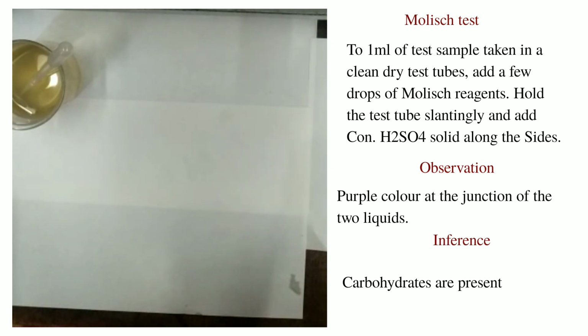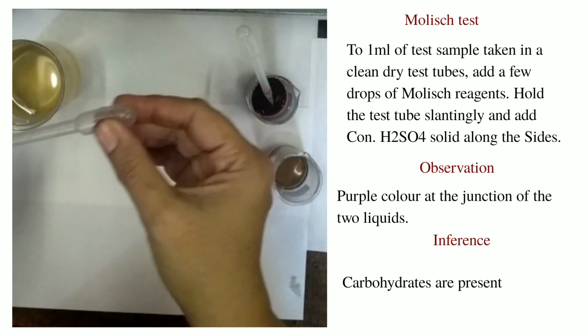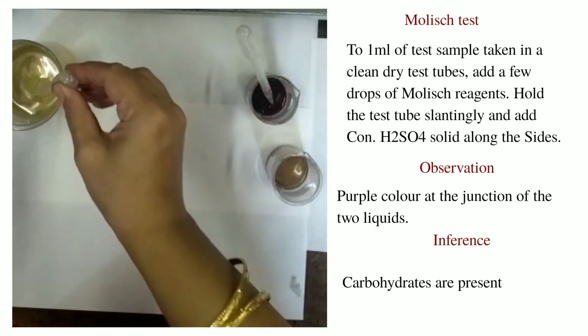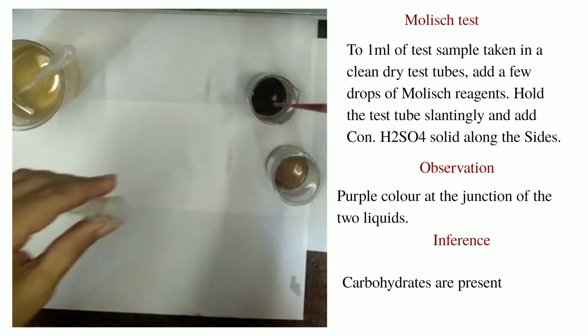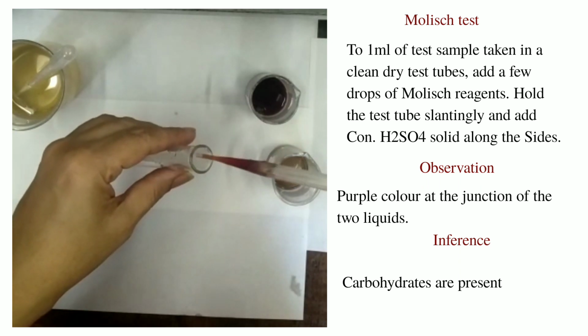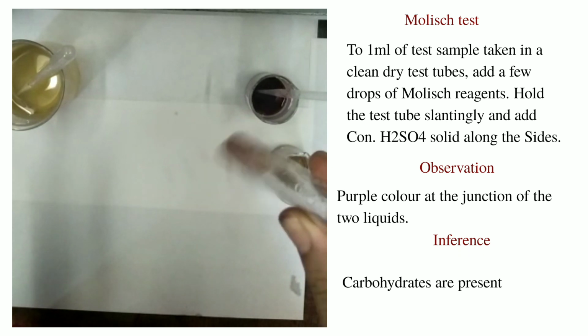The last test we will do today is the Molisch test. For this, we require Molisch reagent and concentrated H2SO4. In a clean test tube, take about 2 ml of sample. Add a few drops of Molisch reagent and mix well.